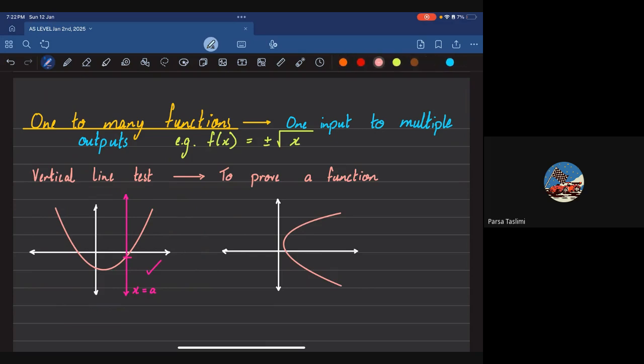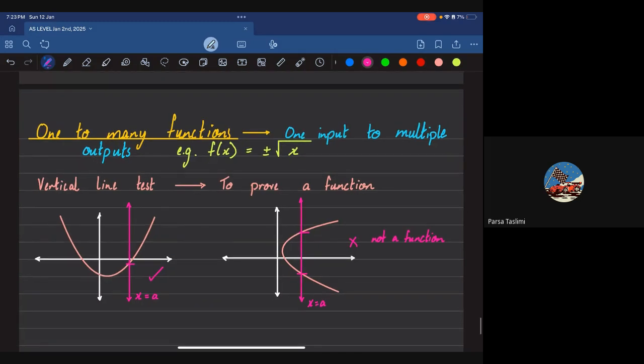Because when I draw my vertical line, it intersects at two different positions. So this is not a function. Is this clear, boys? Yes. So this is just to tell you that it is a function or it's not a function.